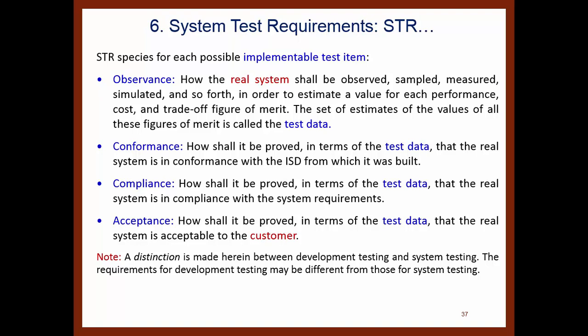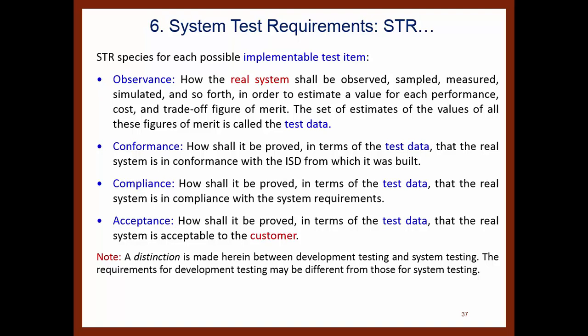Compliance. How it should be proved in terms of test data that the real system is in compliance with the system requirements. So compliance is looking at whether we are meeting the requirements. Conformance is looking at whether the system is doing what it's supposed to do in terms of the implementable system design.